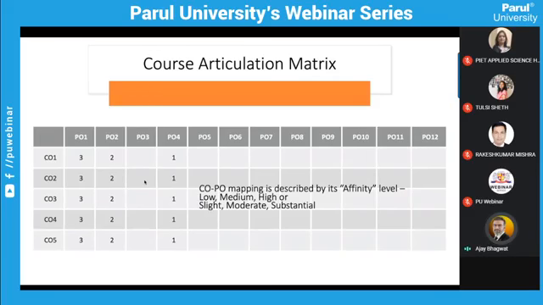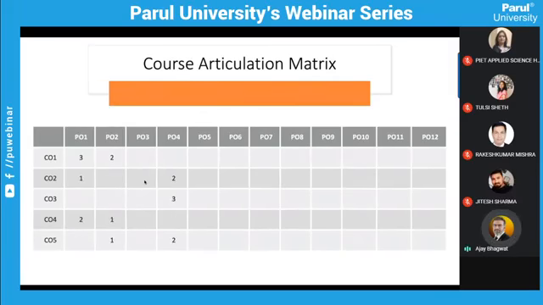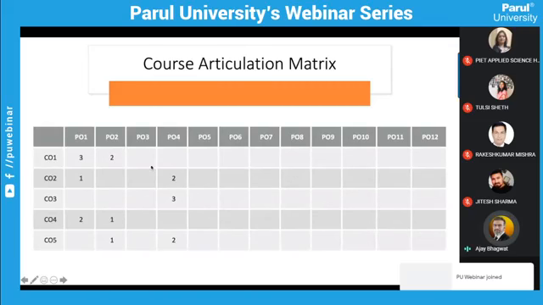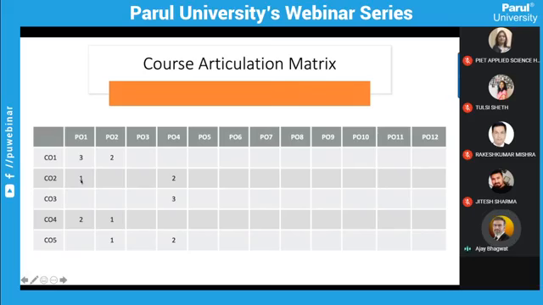In real life, it may look like this. In real life, you may say that CO1 is not addressing PO4 at all, and CO2 is addressing a bit of PO1, but more of PO4. CO3 is directly associated with PO4. There is no relationship between PO1 and PO2.